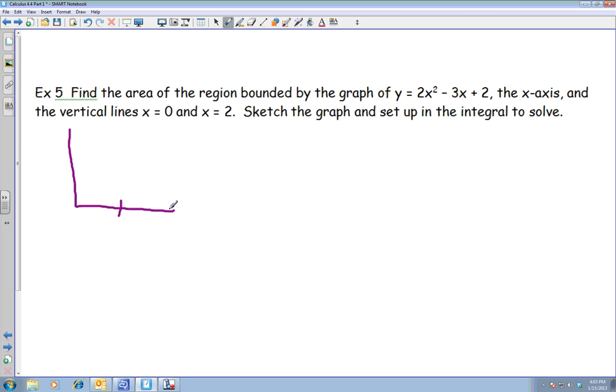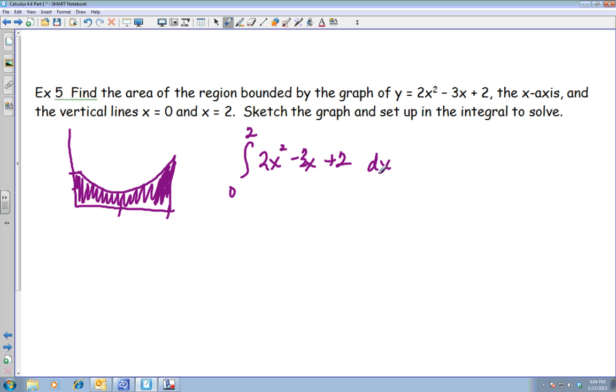So here's 1, here's 2. Okay, something like that. I didn't realize you're going to have to graph this. I didn't look that far ahead. So it looks something like that. Now let's set up our integral. I know I'm going to go from 0 to 2 of this graph, 2x squared minus 3x plus 2 dx.